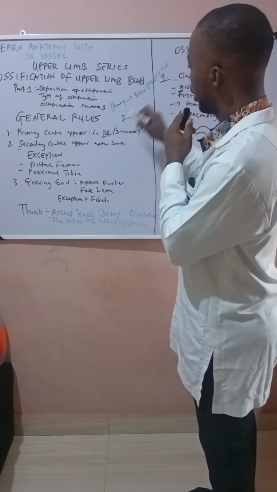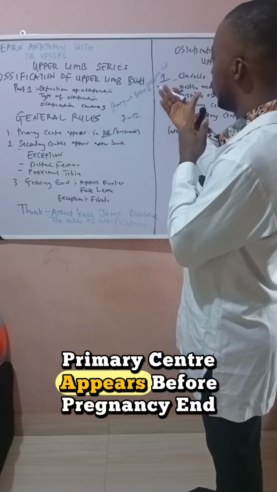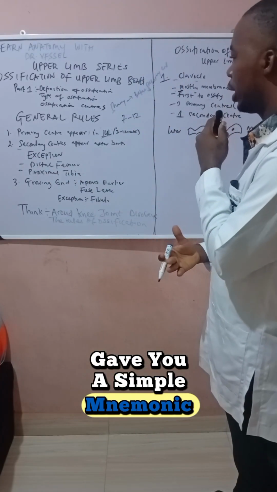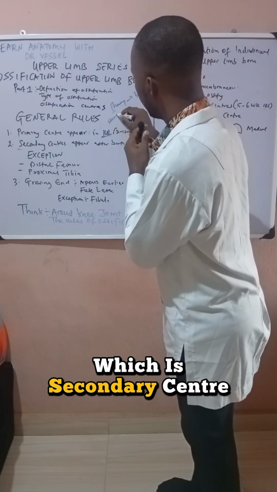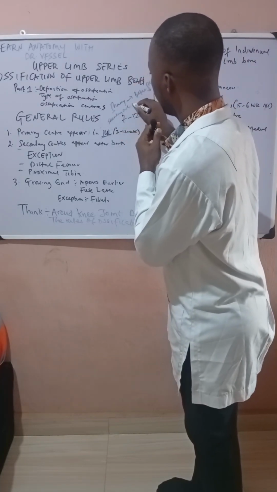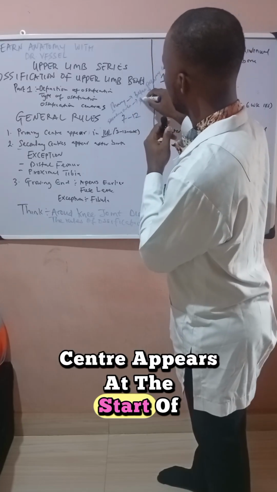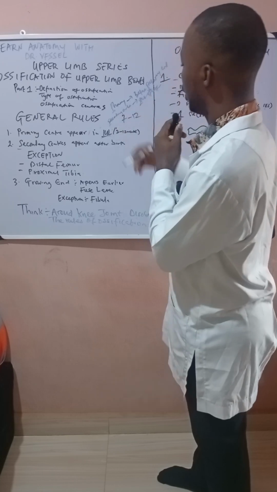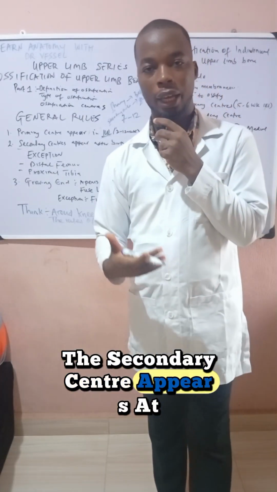The P and the P will help you to remember that primary center appears before pregnancy ends. Why for secondary center? I give you a simple mnemonic, which is: secondary center appears at the start of life.